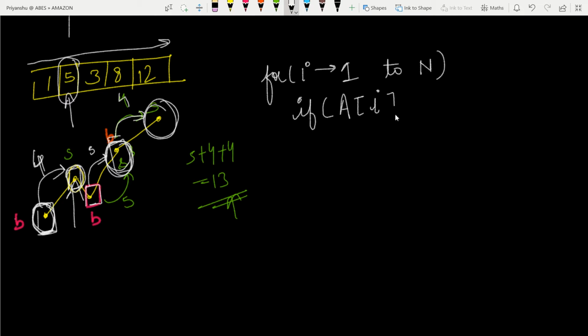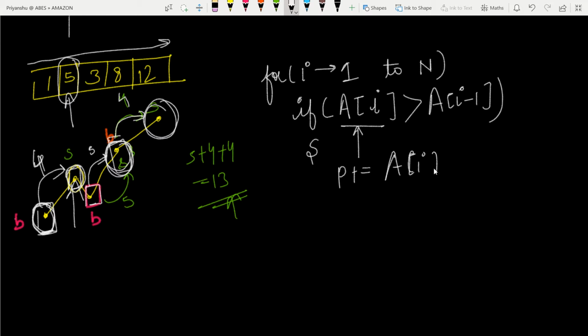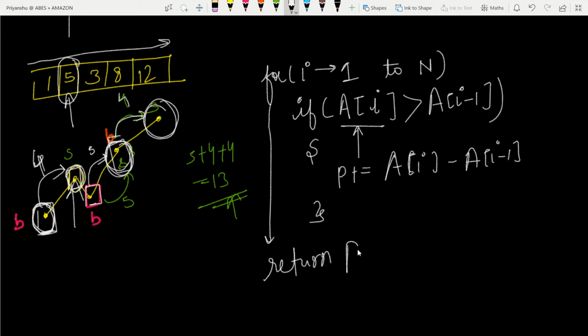If this condition matches, that means the value on this particular day is a peak, then we'll surely get a profit and add it to our net profit. This would be the profit, and it would be added to our net profit, and when the loop is over, we'll return this p. Initially this p would be 0.